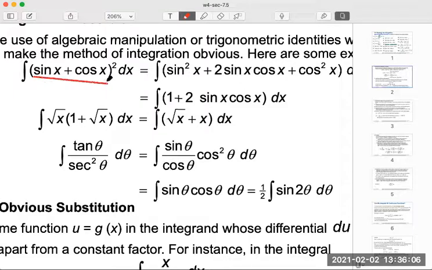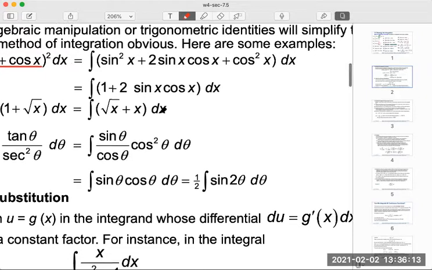But we can always make it easier by expanding this perfect square, which gives us sine squared, 2 times sine cosine, and cosine squared. And then using trig properties, sine squared will be 1 minus cosine of 2x, and they all multiply with 1/2, right? Double angle formula.